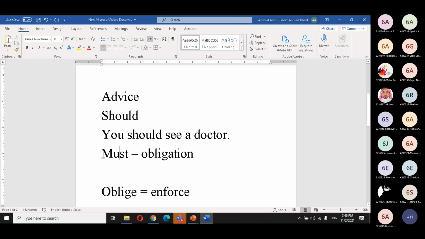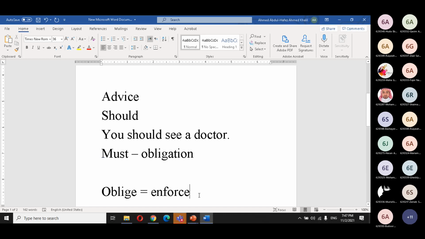Okay, now you got the point. We cannot give advice by using must, because must is not used for giving advice. Must is used for showing that something is necessary.